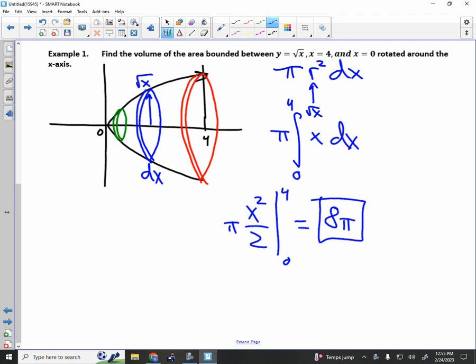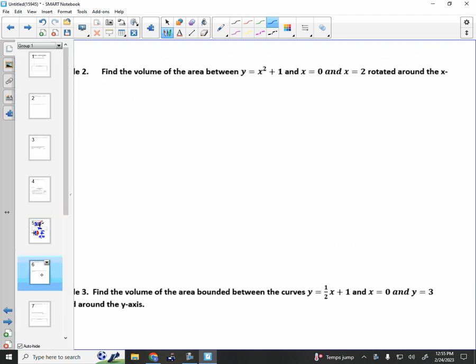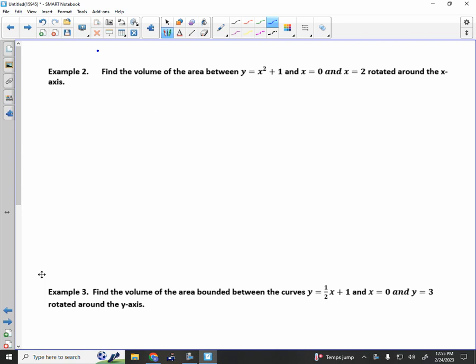Okay. Let's try one that's a little bit more challenging. Volume between x squared plus 1, x equals 0, and x equals 2 rotated around the x-axis. x squared plus 1. Thank you, Patty.